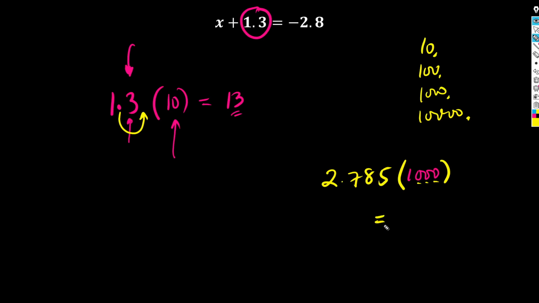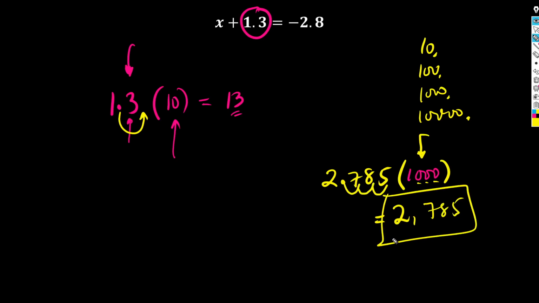Sabi sa atin ng teacher ng grade school, kapag nag-multiply ka ng power of 10, gagalawin mo lang yung decimal point mo to the right as many times as there are zeros in your power of 10 multiplier. So, I have here 3 zeros. So, my product will be 2. Gagalaw yan, 1, 2, 3. Magiging 2,785. O, diba? Integer na siya.